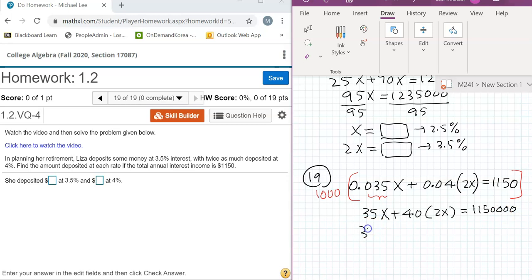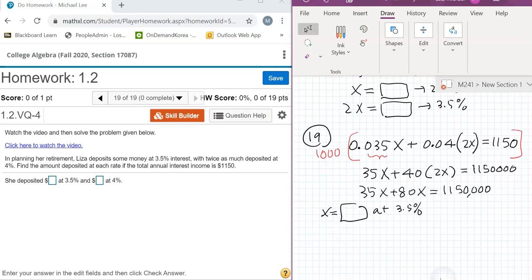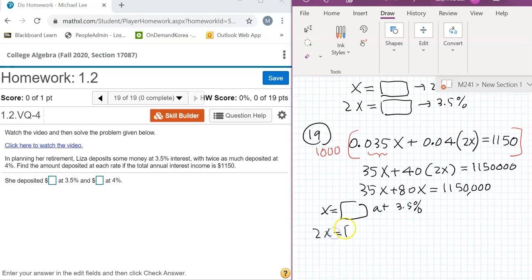So it is 35x plus 80x equal to 1150000. So you get x at 3.5%, and then 2x at 4%. Okay, so you finish it. Okay, so that's how to do it.